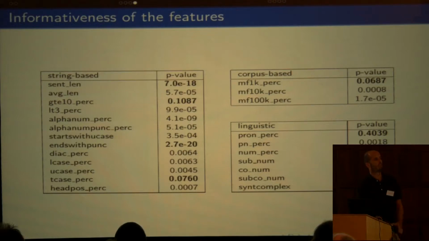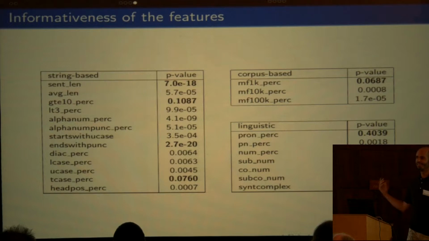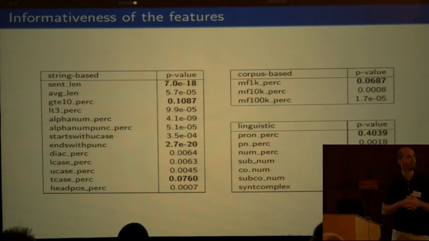So going to the second type of features, corpus-based features, here you see a nice trend. The more frequent tokens you take, the lower the p-value is. So taking just the 1,000 most frequent tokens for calculating that feature is not a good thing because you are above the 0.05 magic limit.